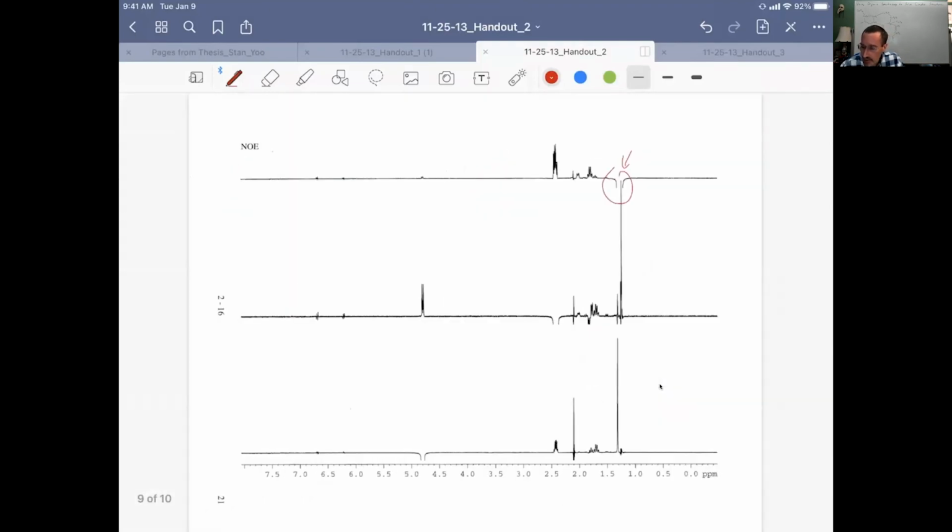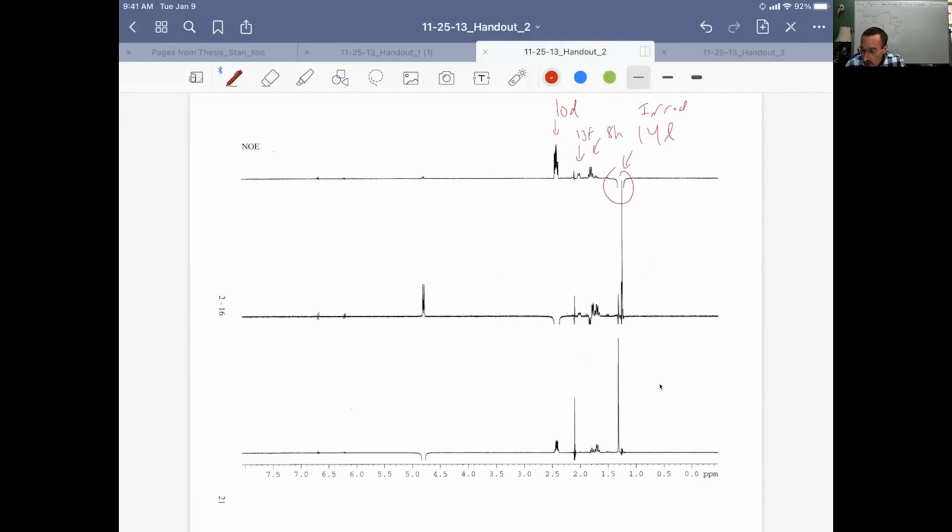But primarily we've hit 14L over here, and we see that we get a big enhancement of 10D, and we get some little enhancement of 13F, and we get some little enhancement of 8H.